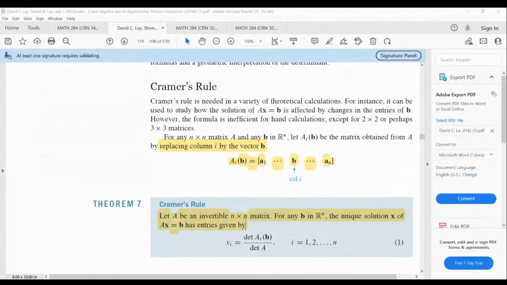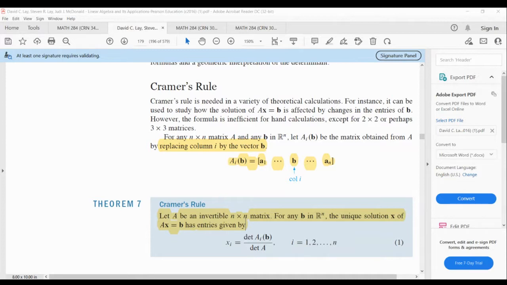And if a matrix A is not invertible, then its determinant is going to equal 0. You don't want the determinant of your matrix equal to 0, because you see there in the x sub i formula, you solve for variables x1, x2, x3, x4, whatever. The x sub i formula has the determinant of A in the denominator. So the determinant of A cannot be equal to 0, and therefore the matrix A has to be invertible.